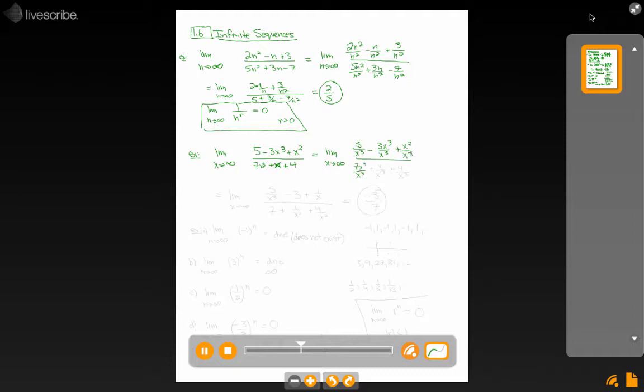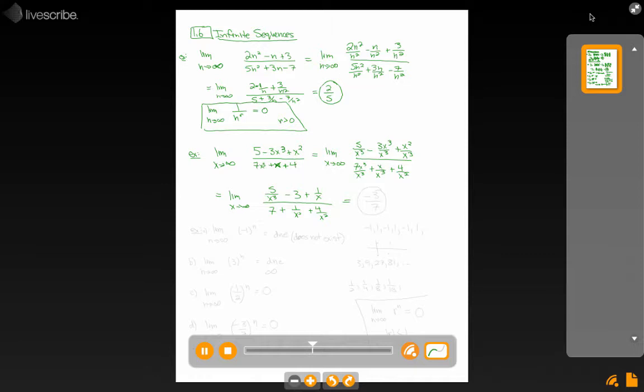In the first step, there are lots of x cubes. It takes a second to write it, but at least I'm showing my thinking. When I go to the next stage, the limit as x goes to infinity of 5 over x cubed minus 3 plus 1 over x, divided by 7 plus 1 over x squared plus 4 over x cubed.